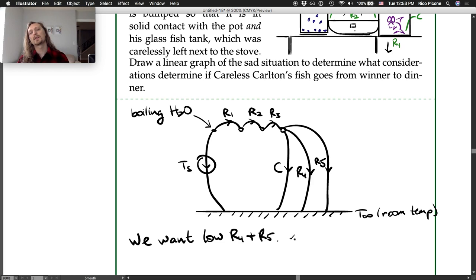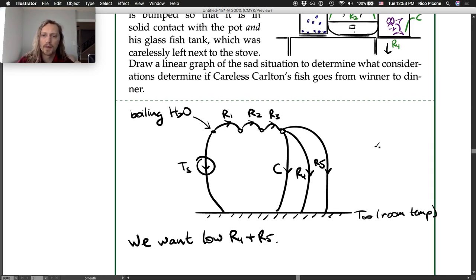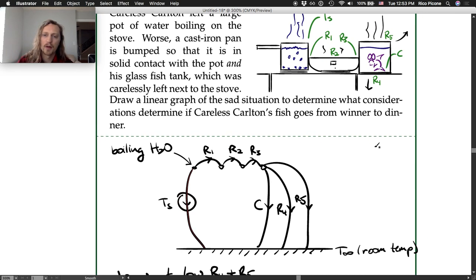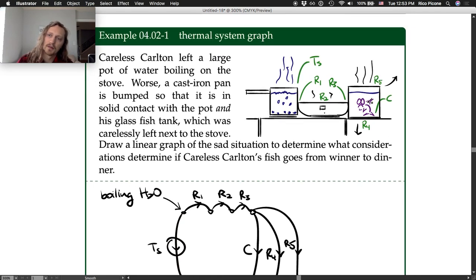Low resistance so that the heat can flow out and essentially this capacitor discharge to happen. And notice that R4 and R5 go to ground, and that's because the reference temperature between the tank temperature and T infinity out here in both cases. So the air temperature, you can assume that the temperature of the cabinets or whatever, the counters are room temperature as well.